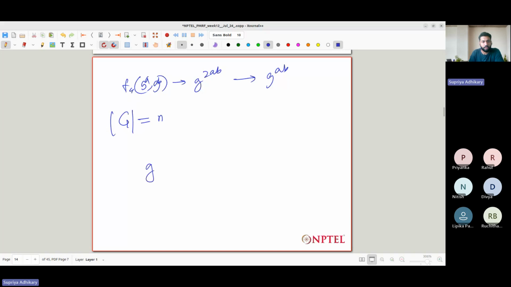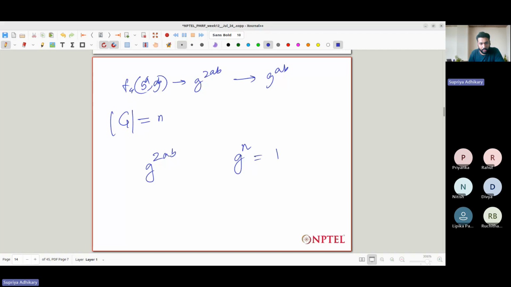Now g to the twice ab is given to us, and we know that g to the n is equal to 1 for all g in G. And g is given as the generator, so anyway, g to the n is 1.